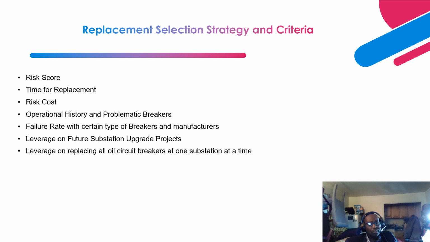So what you do is, you leverage with the project manager for that substation upgrade, and circuit breakers that are on your list as a maintenance engineer, you scratch it off because they are going to be considered for a capital project for a whole substation upgrade, right?